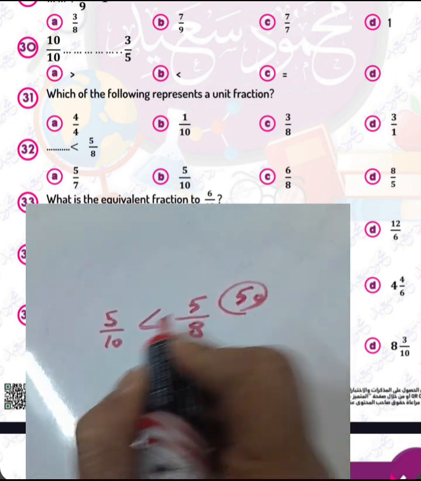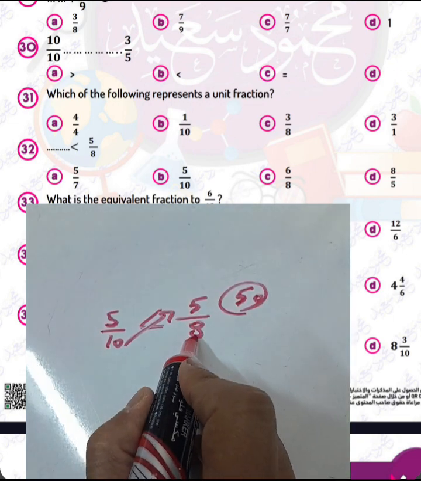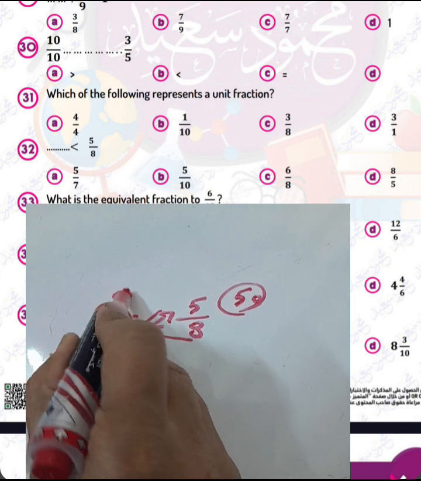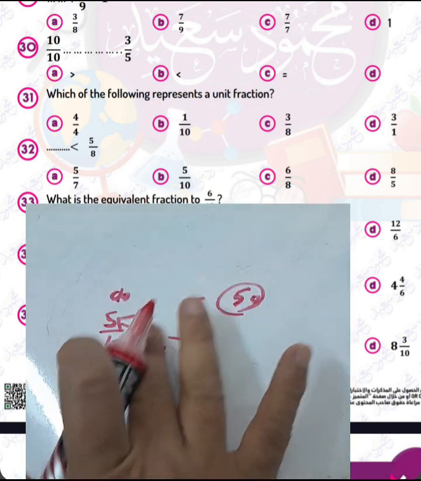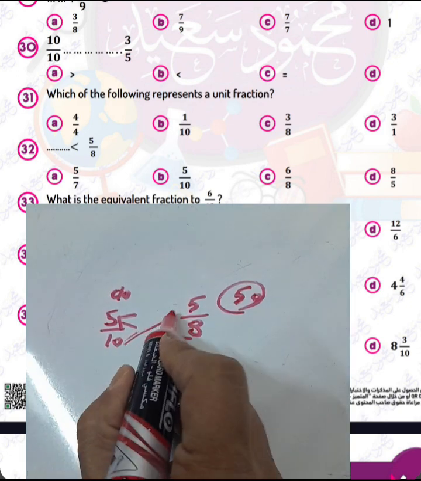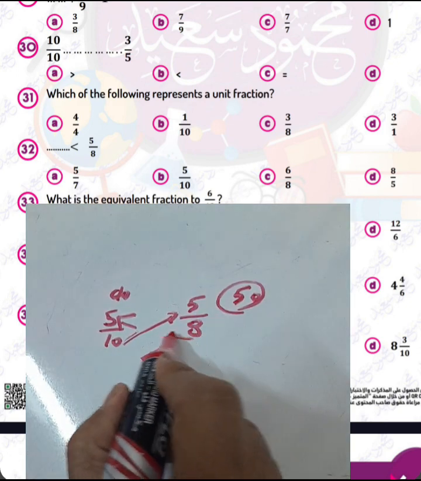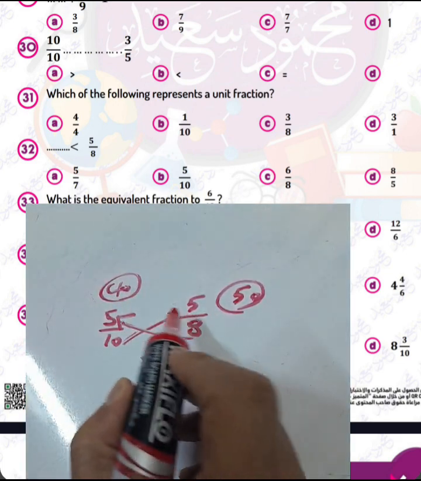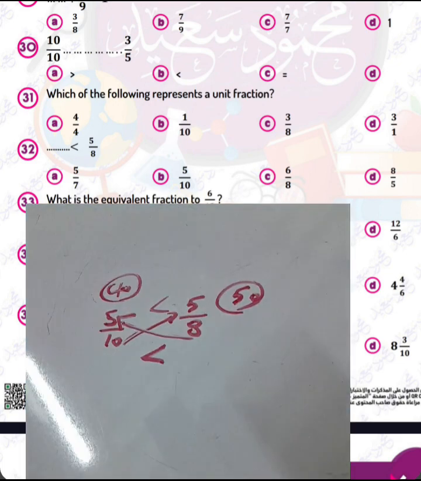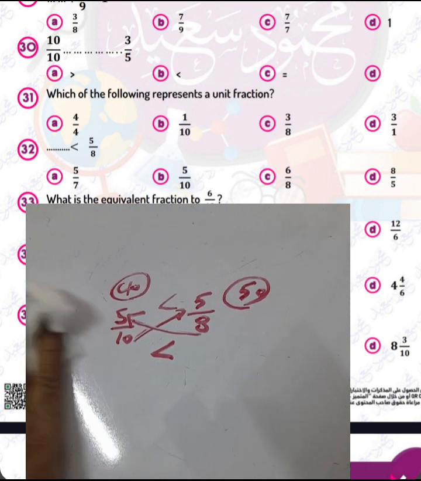If we use this property, 10 times 5 equals 50 and 8 times 5 equals 40, then 50 is greater than 40. We use the rule: the product of extremes, 10 and 5, and the product of means will be 40, then 40 is less than 50. Then you must write here 5 over 10.